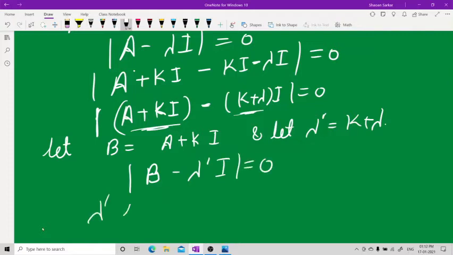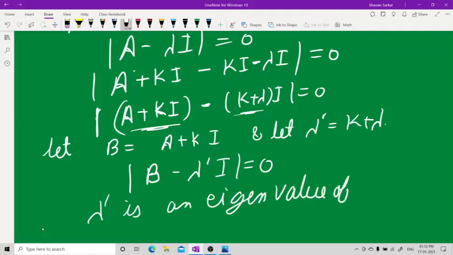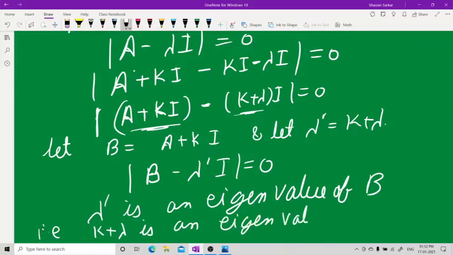So lambda dash is an eigenvalue of B, that is, K plus lambda is an eigenvalue of B, which is A plus Ki.